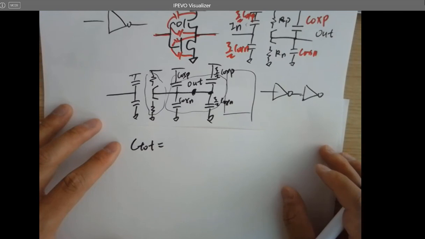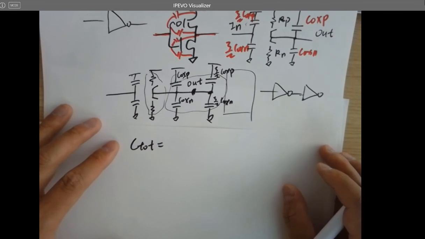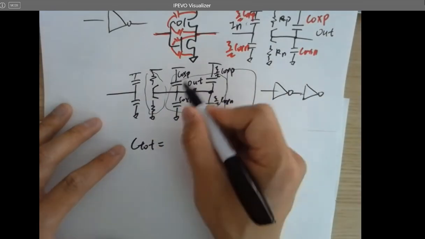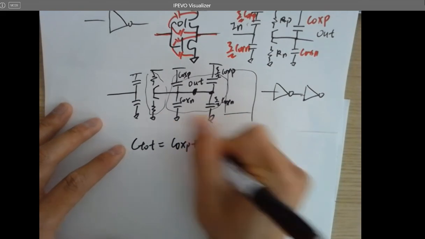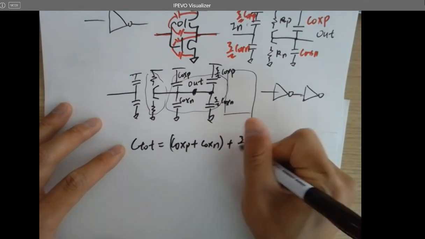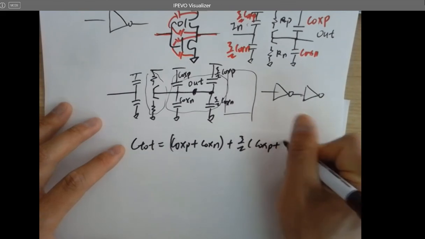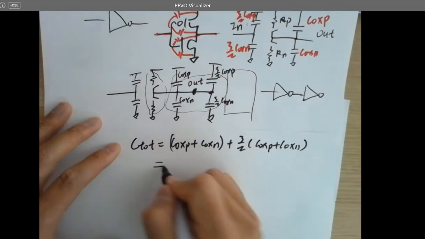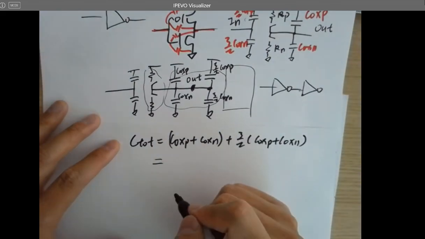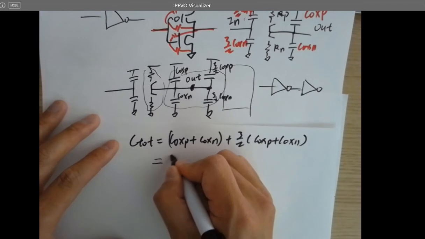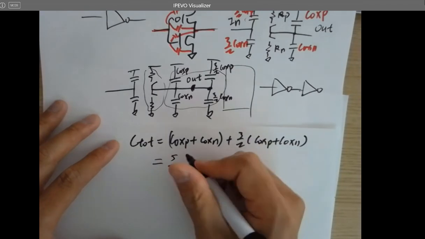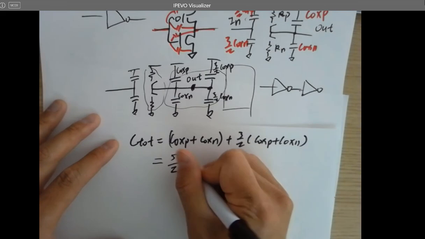Oh, 2. I think you're right, but I made a mistake on my calculation. Let's add it together. Cox P plus Cox N plus 2/3 of Cox P plus Cox N, which will be 5 halves. Oh, 5 halves, yes.